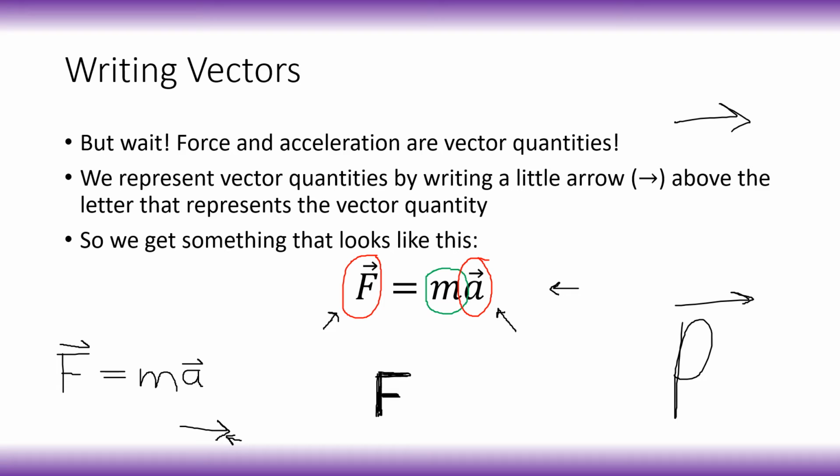Then the M, in comparison, would be normal. And then the A would again be bold, because acceleration is also a vector. So it would look something like this, typed out and printed in a textbook.